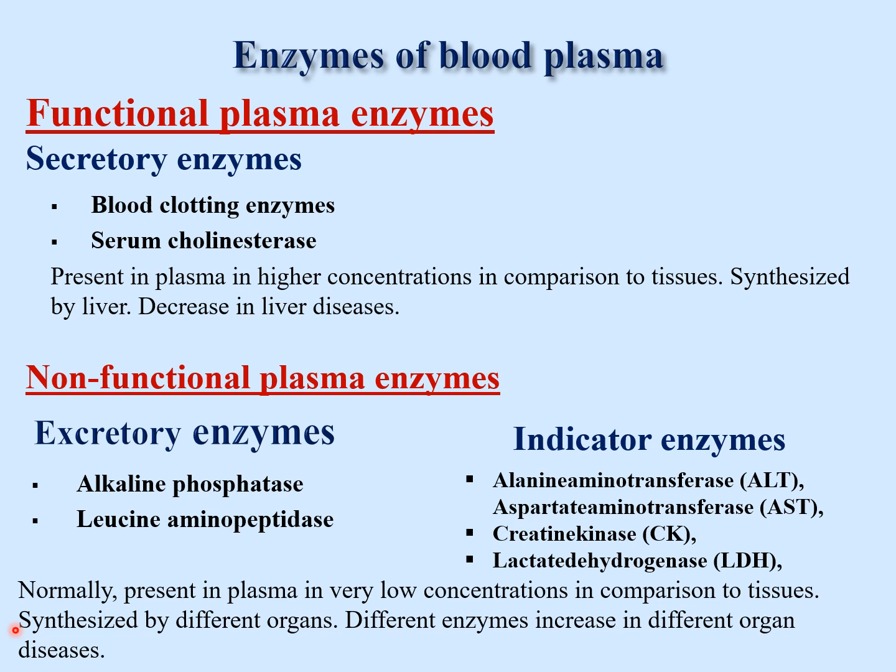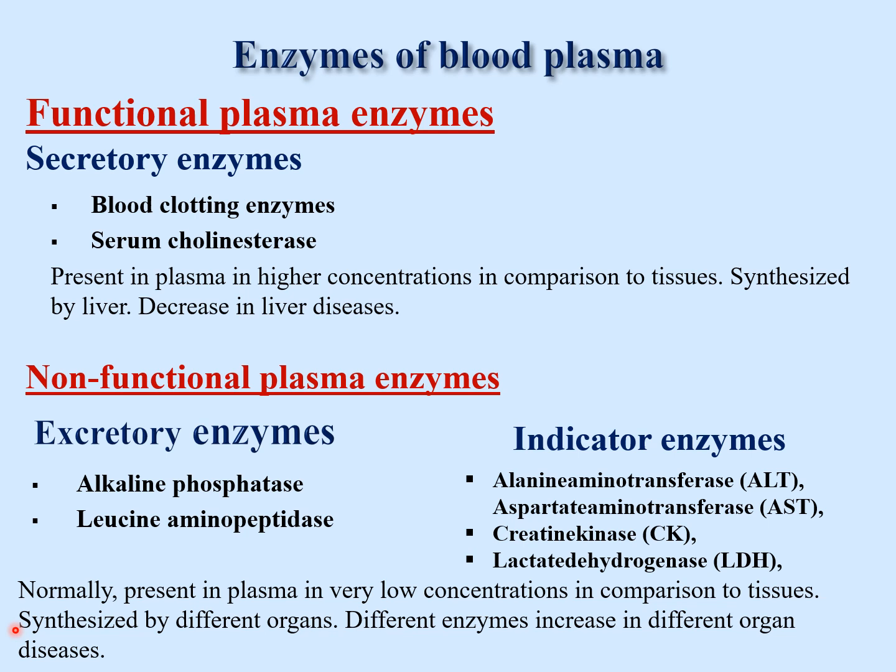Next, non-functional plasma enzymes. Non-functional plasma enzymes can be divided into two subgroups: excretory enzymes and indicator enzymes. Excretory enzymes you can find here: alkaline phosphatase, leucine aminopeptidase, because this enzyme can be present in bile and can be excreted. Indicator enzymes are tissue enzymes.